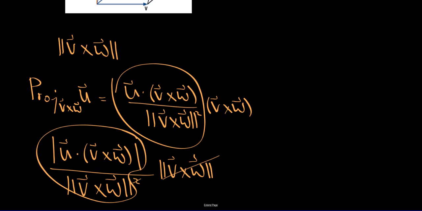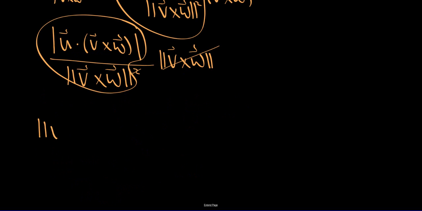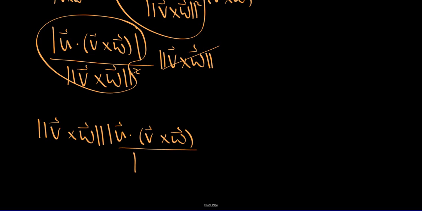So if I take the base times the height, which is the magnitude of the projection, I don't think I've ever gone through this whole thing before, so let's hope it works out. Kind of taking a big risk here. Look at that, and this is an absolute value.